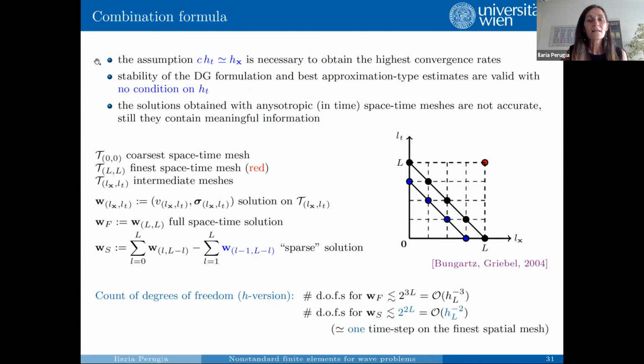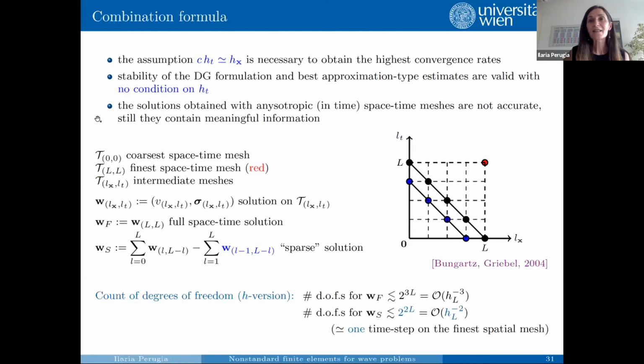So we have seen that this assumption that links the size of the elements in time and the size of the elements in space is necessary to obtain the highest convergence rates. But the existence and uniqueness of solutions and stability of the DG formulation was achieved with no condition on HT. So this condition is necessary only for the accuracy, not for the stability.